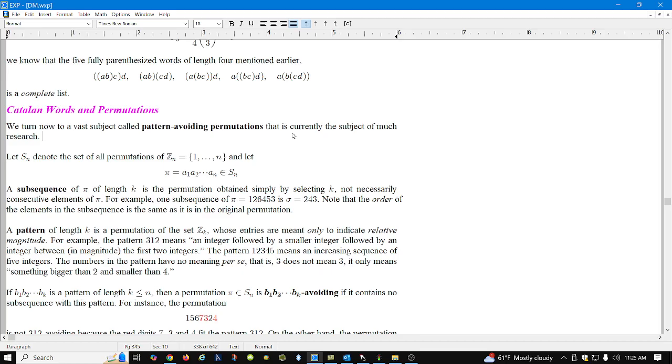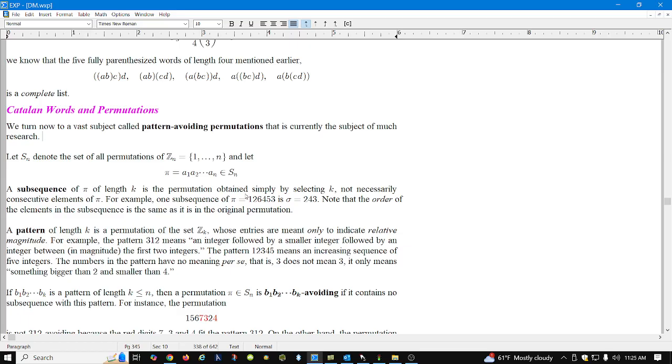So I need to begin with a couple of definitions. Let Sn denote the set of all permutations of Zn. And suppose pi is such a permutation. A subsequence of pi of length k is a permutation obtained just by selecting k, not necessarily consecutive, elements from pi.